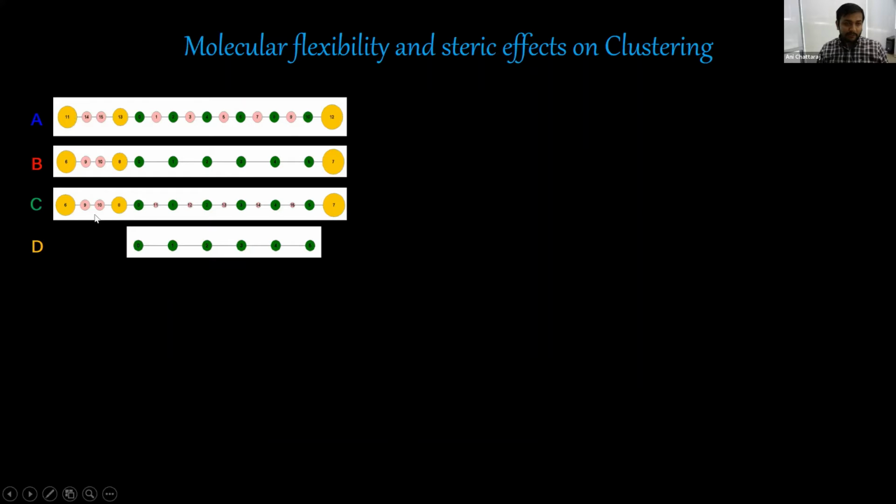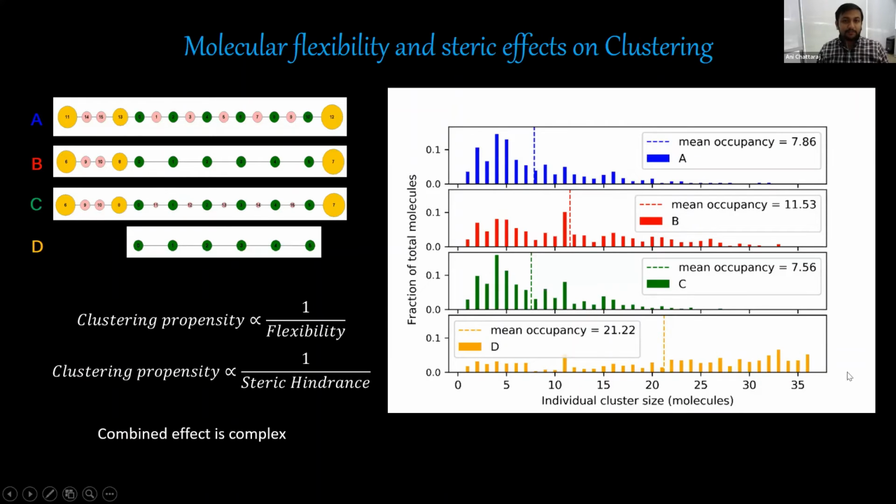C has flexibility similar to A, but I made the linker sites a little smaller. So the steric interaction should be a little less, but not too much. But for D, I removed this terminal bulky sequence, so it is sterically much more accessible than B. Now if we see the clustering distribution for these four configurations, going from A to B there is an upward shift of clustering.